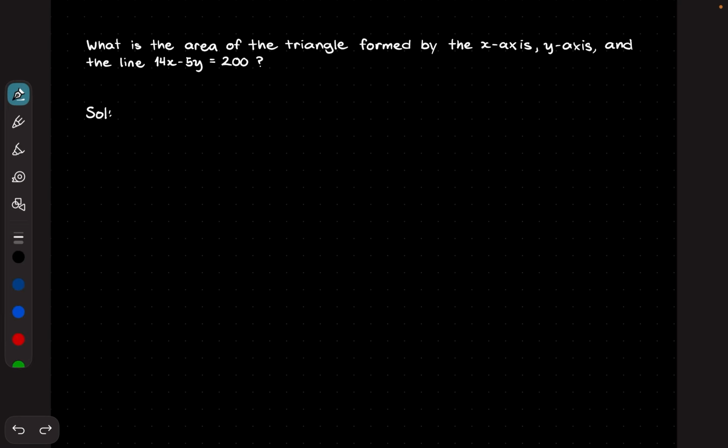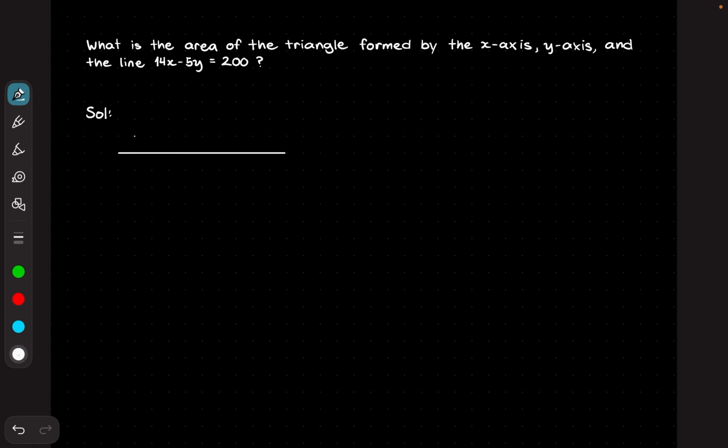Okay, good. So let's begin. I guess the simplest way to solve this one is to try to visualize what this forms. So let's begin with the easier one. Let's draw the x-axis there, and let's draw the y-axis.